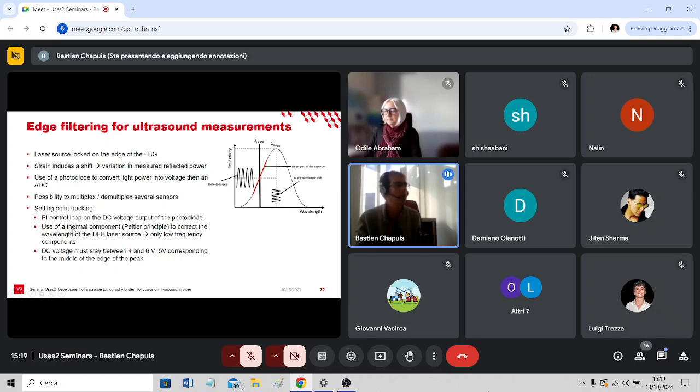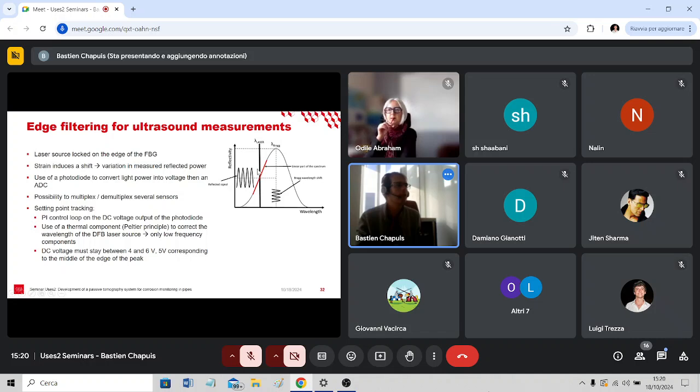For that, we used a proportional integral control loop that is fixed on the low frequency variation of the output of the photodiode, and we fix that this DC voltage must stay between 4 and 6 volts. 5 volts is defined as the middle edge of the peak here.